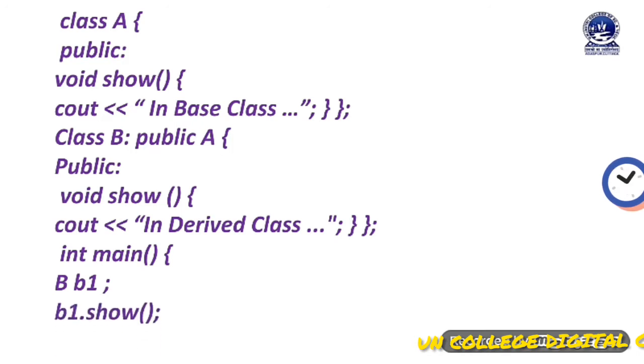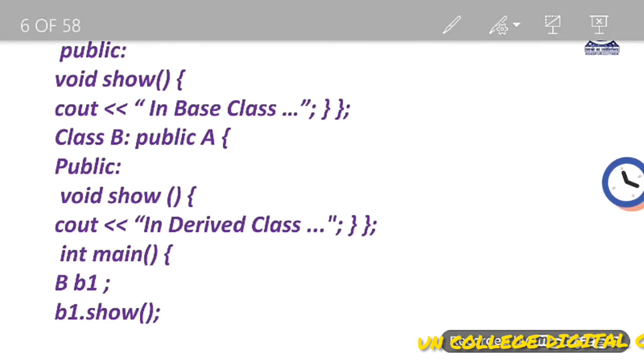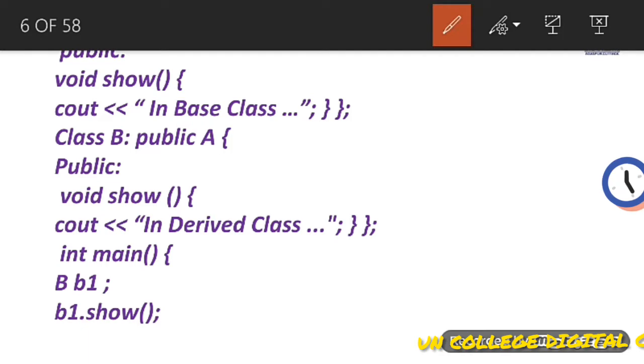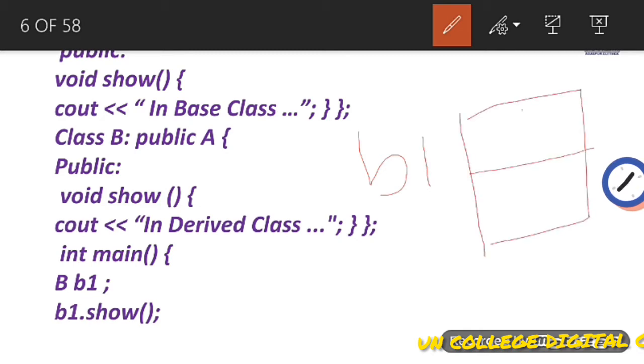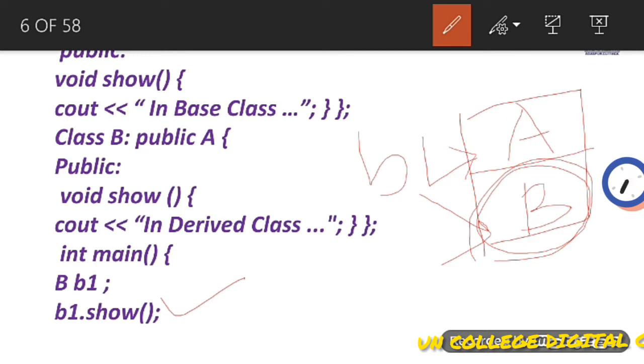When we call B1.show, B1 contains, let me explain it using a pen, or refers to the show method which is in class A and also the one which is in class B. But when we use B1.show, it will execute this method and just ignore this part.